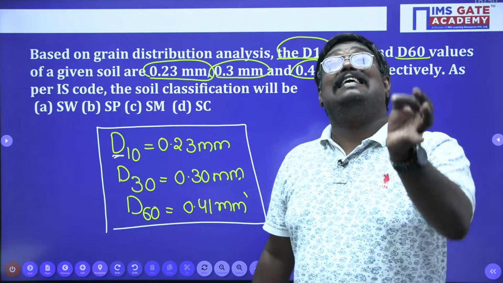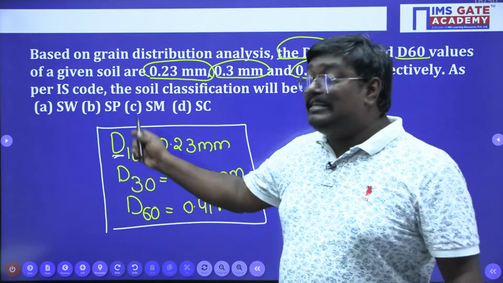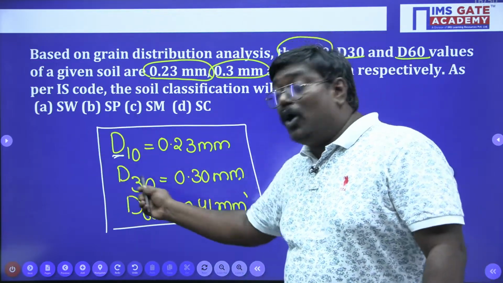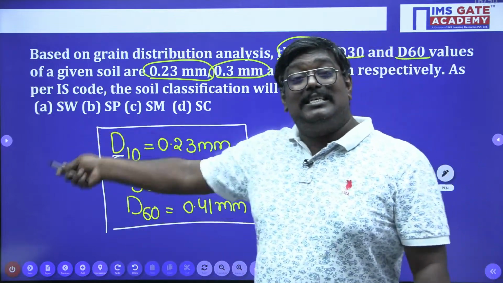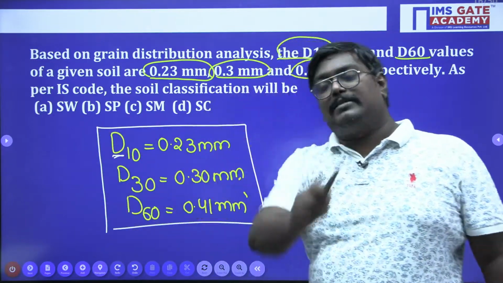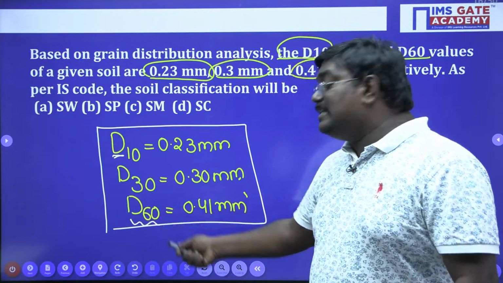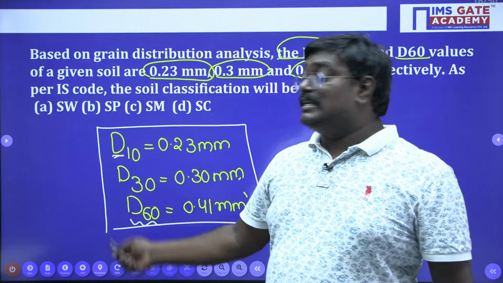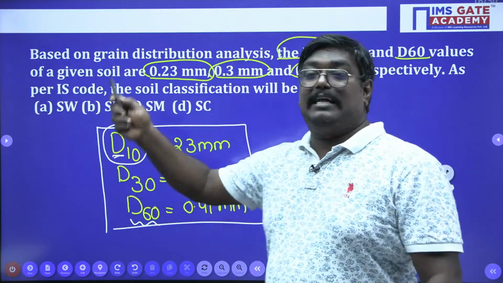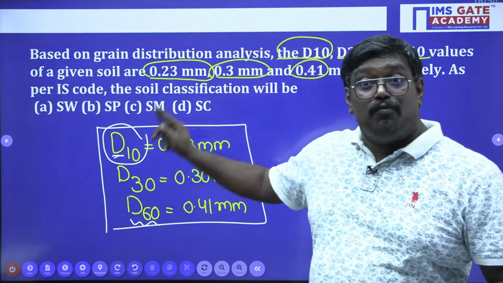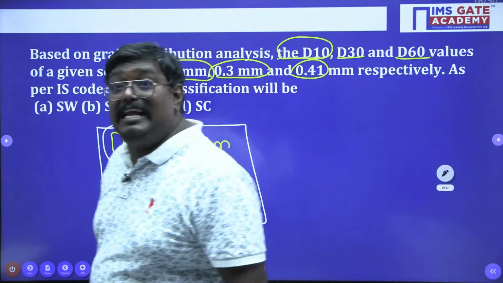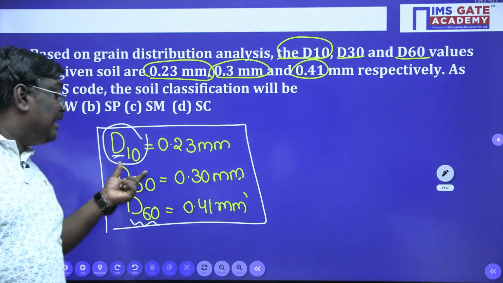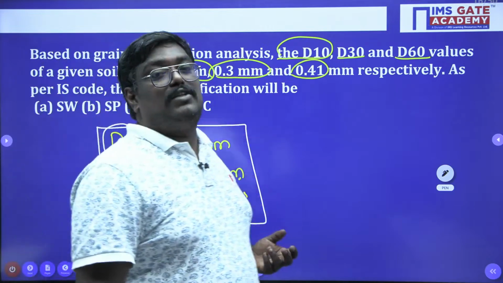It is the size of the sieve where 10% is passing. D30 is the size of the sieve where 30% is passing. D60 is the size of the sieve where 60% is passing. Srujana, very good answer. We call only D10 the effective size. The remaining we call the size of the sieve.